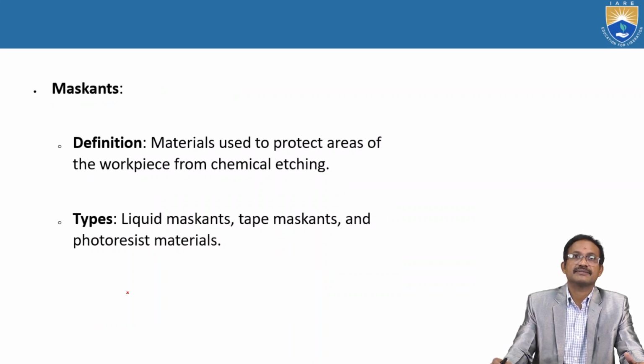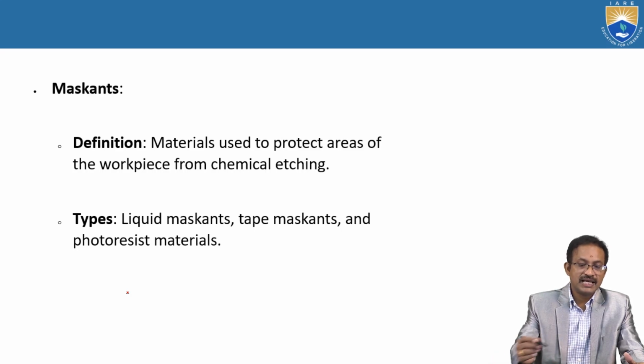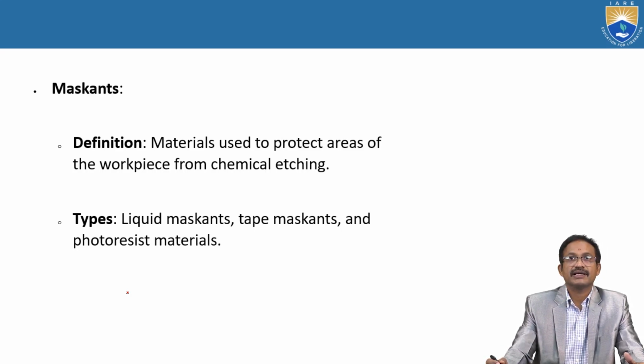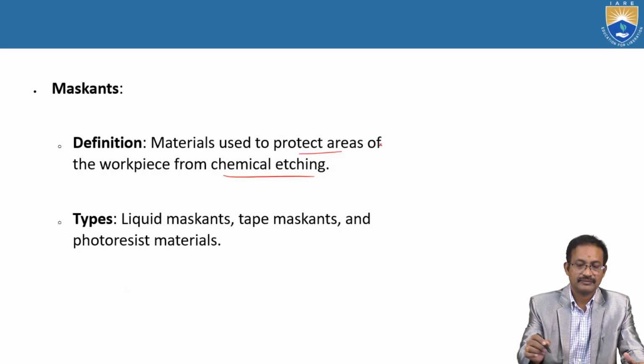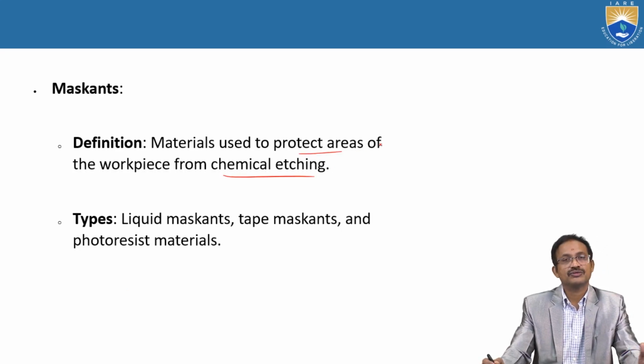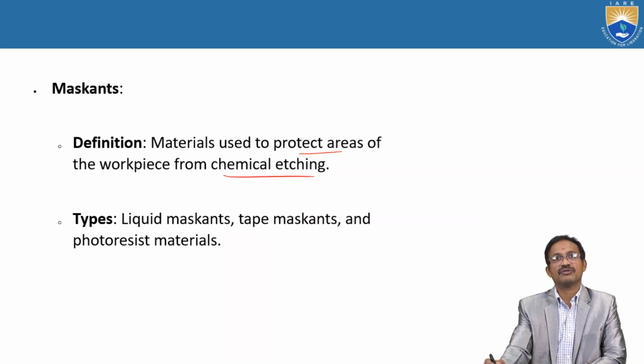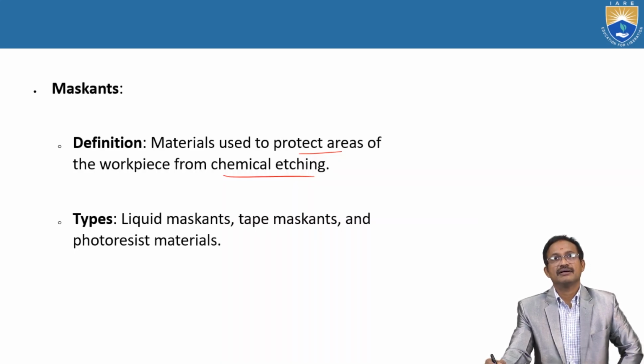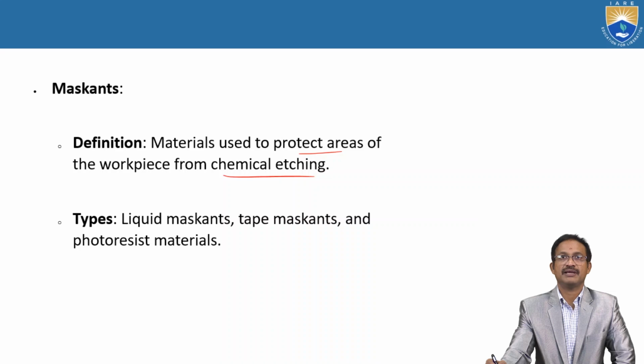Next, maskants. Definition: materials used to protect areas of the workpiece from chemical etching. Similar to the previous process we discussed earlier, here maskants play the same role.